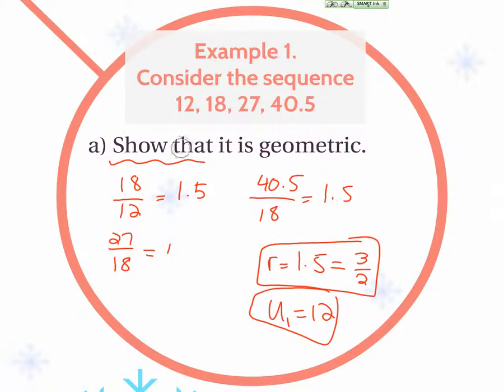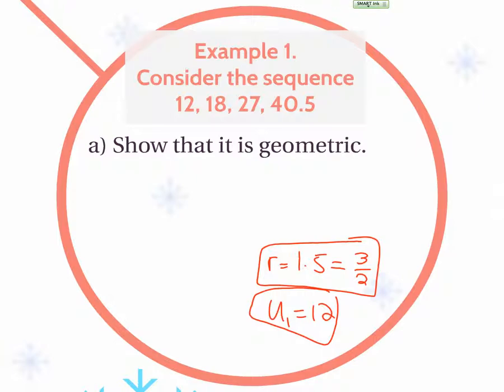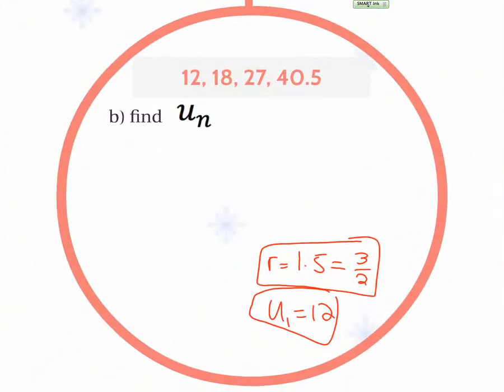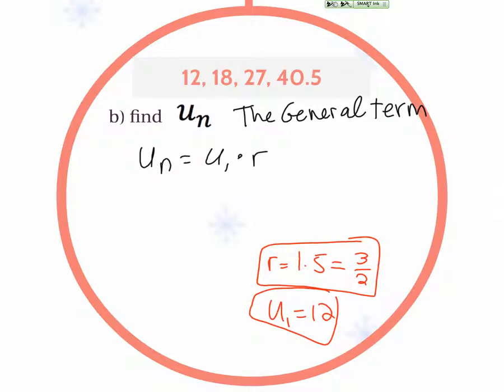So now we're going to use the same sequence, and we're going to find u of n. So remember, u of n is the general term. So if you find a question that says find the general term, it means the same thing. So we'll use the formula. And remember, the general term, we will keep n in our formula.